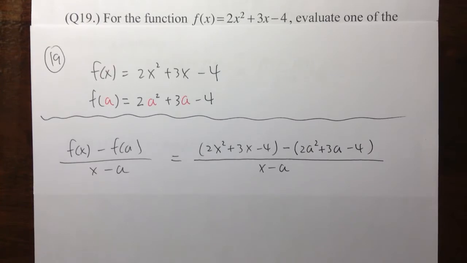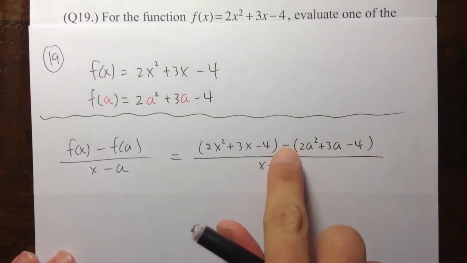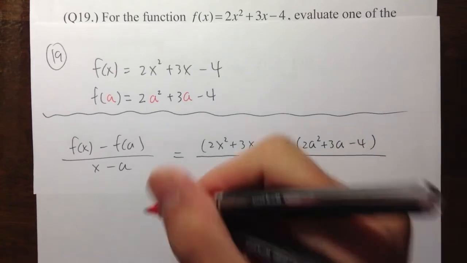So we now have to think about how to simplify this. Especially for the second part, I have a negative in front of the parentheses, so you should distribute the negative inside.